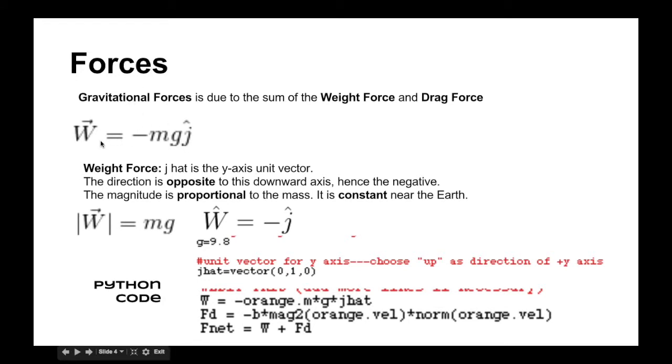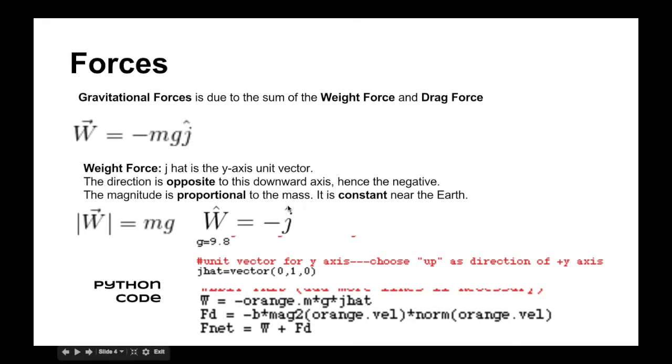So what are some of the forces that are contributing to this? It is probably the weight force and the drag force that are the main contributors. To understand the weight force a little bit better, we know that the weight force is a vector that includes its direction and its magnitude.